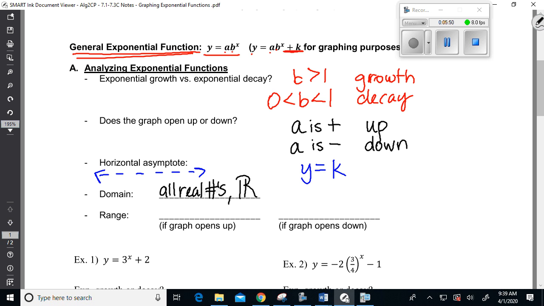If the graph opens up, then the range is y is greater than k. If the graph opens down, then y has to be less than k.